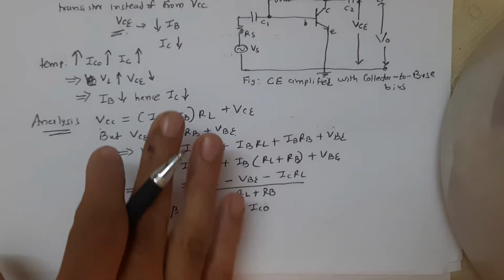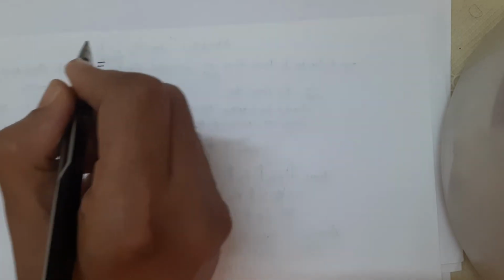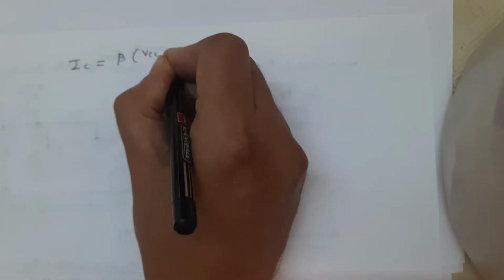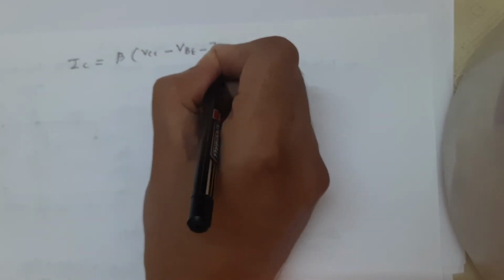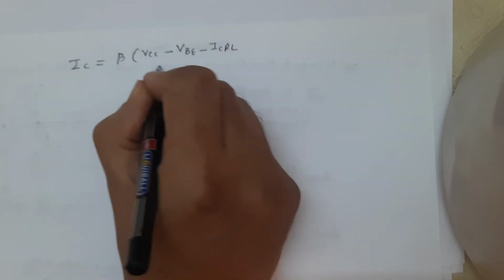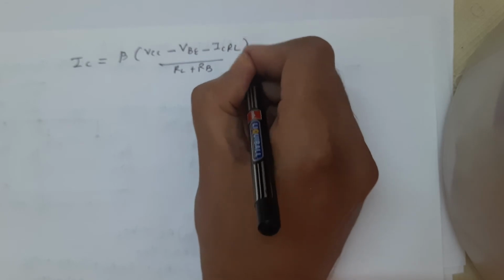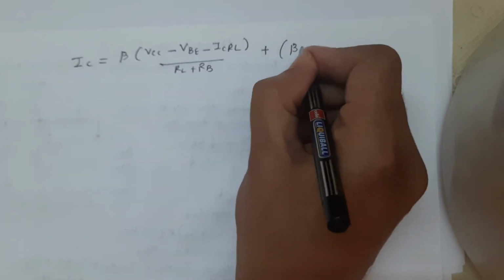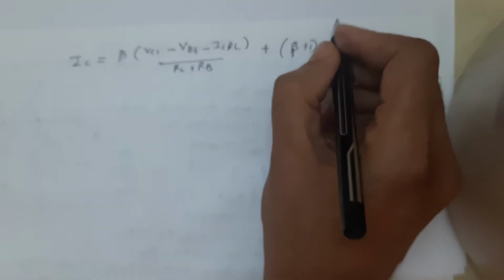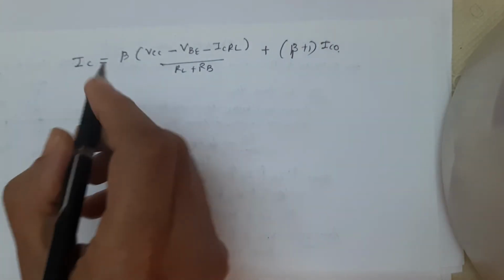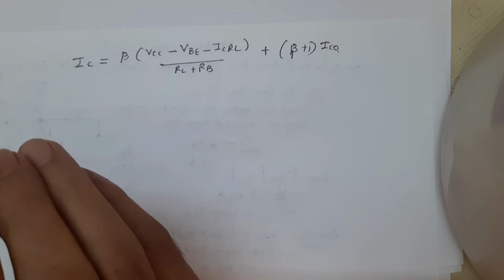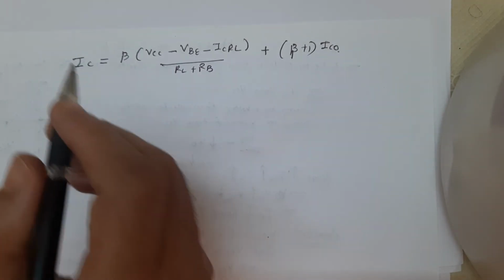So we can write IC is equal to beta times (VCC minus VBE minus ICRL) upon (RL plus RB) plus (beta plus 1) ICO. This is simple, putting the value of IB into the equation.